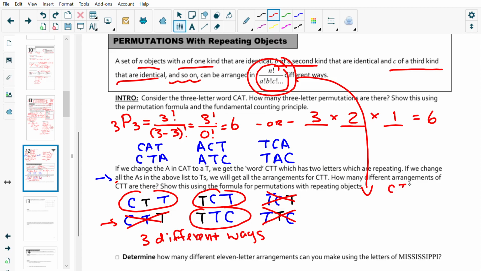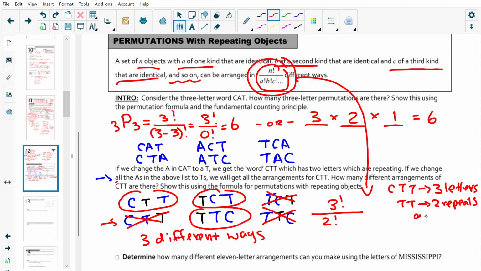Okay, CTT, 3 letters. I can permute CTT in 3 factorial ways, but I have a T and a T, 2 repeats, so 2 factorial.